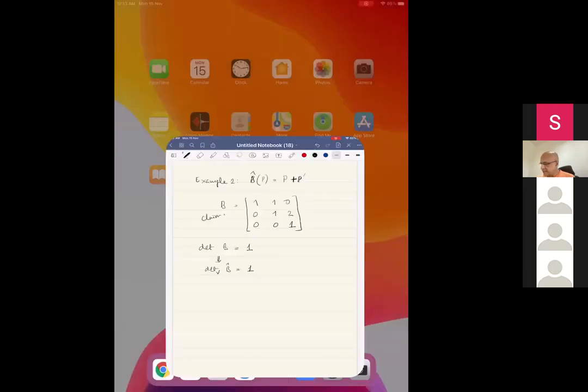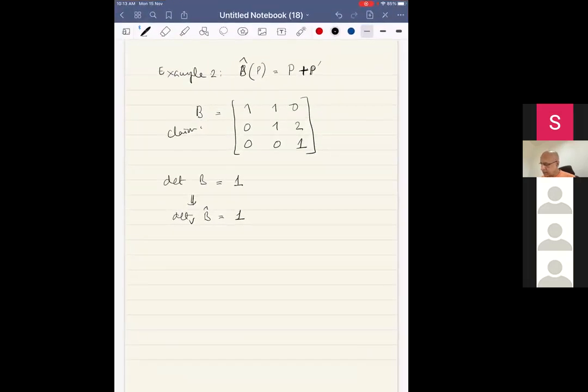Here is a hint. The linear map B hat is our earlier friend A hat plus the identity linear map. Because what is B?